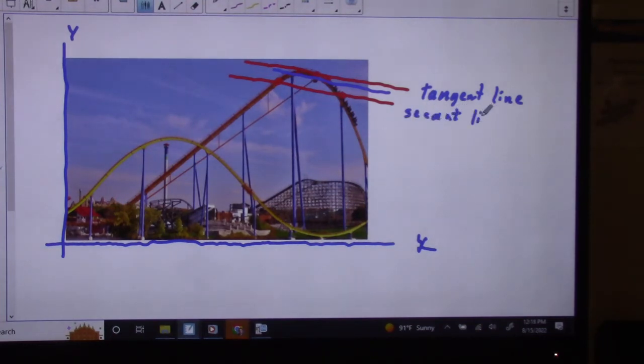Through approximation, and by the way, one thing we're going to do in calculus is use estimating methods. We're going to use sometimes a secant line or an average rate of change. The slope of a secant line equals the average rate of change.